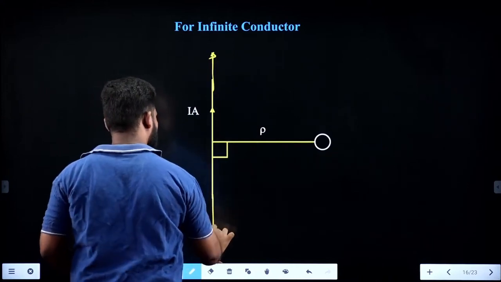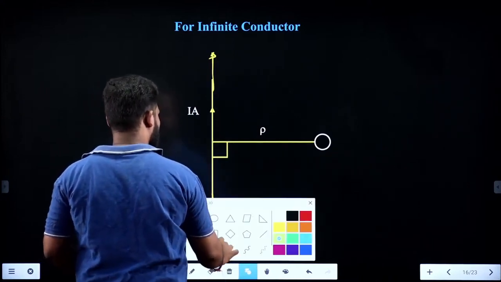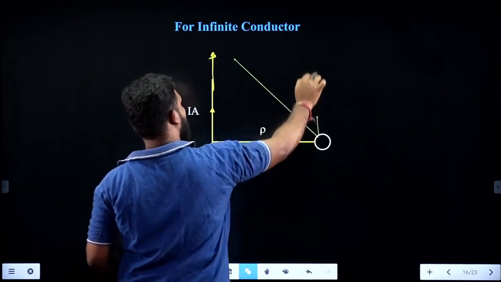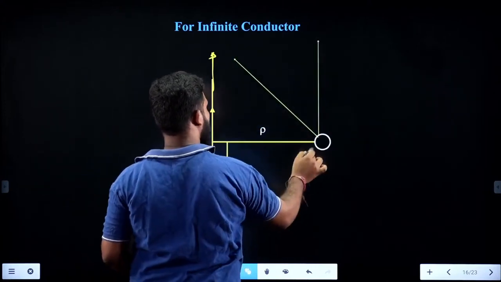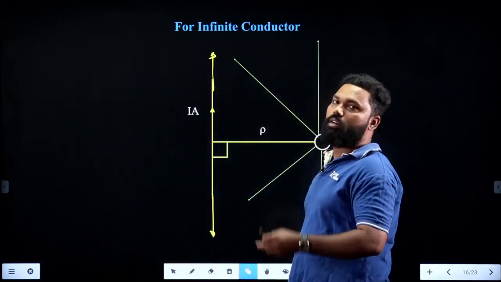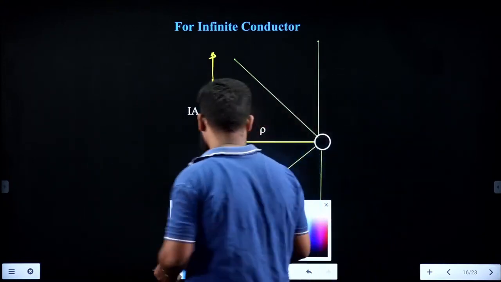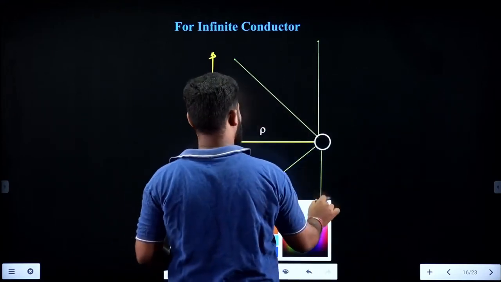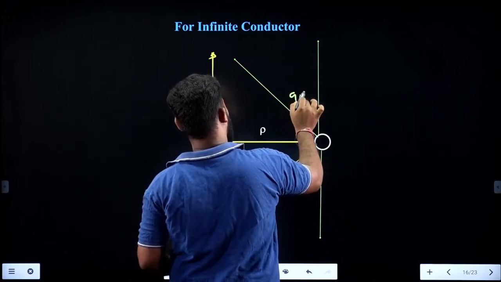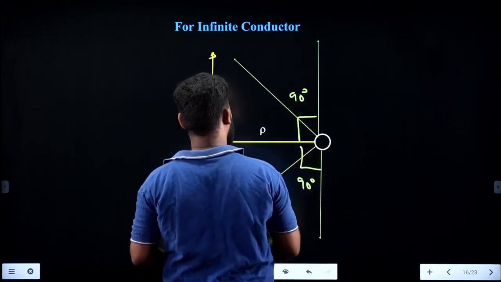It is an infinite length conductor. I want to see the corners of this one. Can I see the corners? No, it is infinite extent. So what happens to the angles here? Yes, they will become 90 degrees. So alpha 1 is 90 degrees, alpha 2 is 90 degrees.